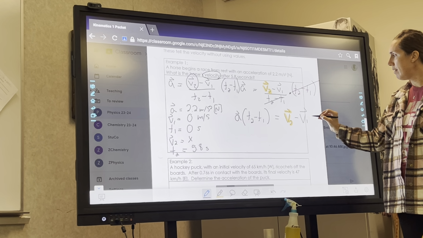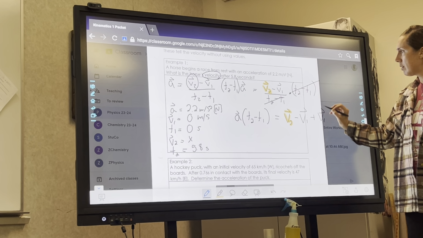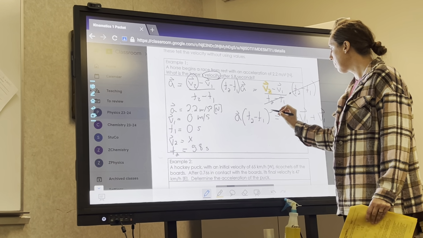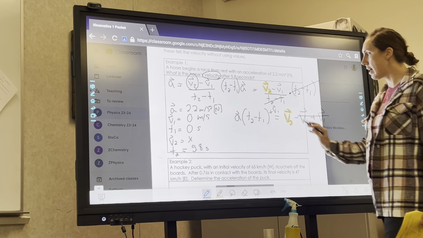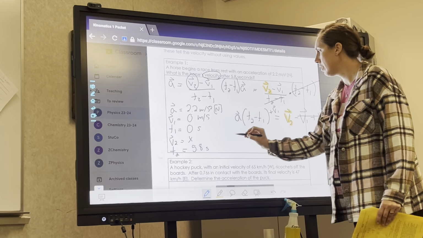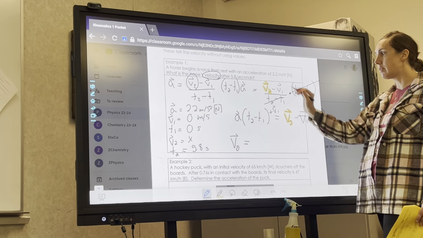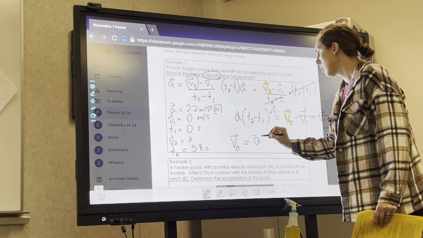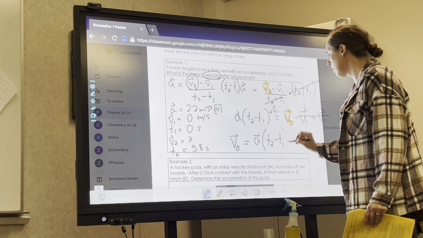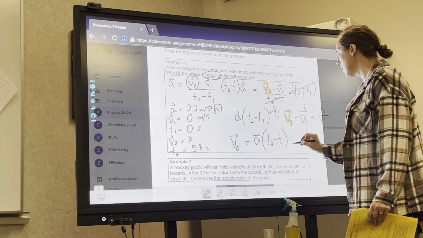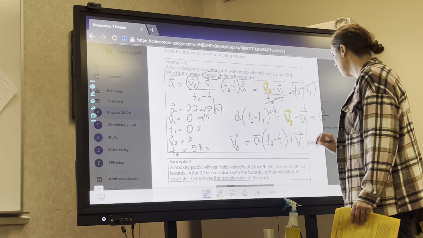So I want to add plus V hat 1 over here. That gets rid of that. So if you wanted to solve for V2, you just put it by itself, and now it becomes acceleration times T2 minus T1 plus V1.